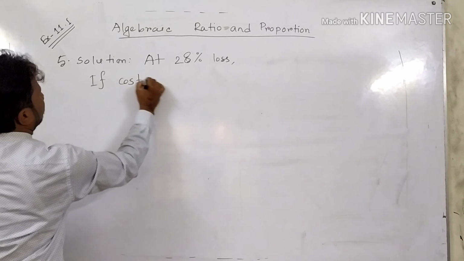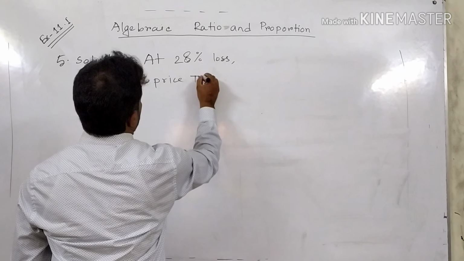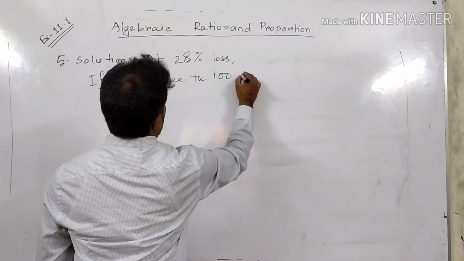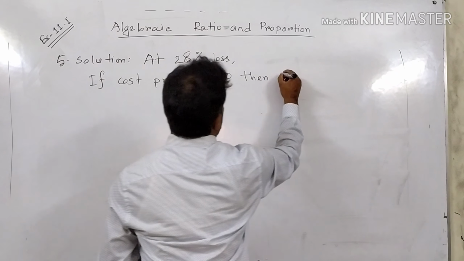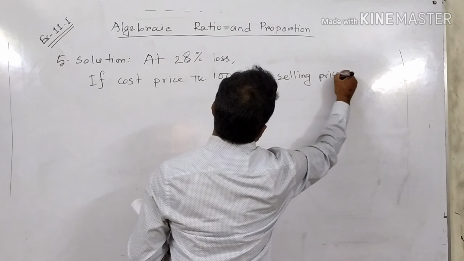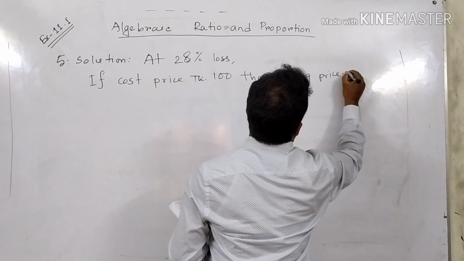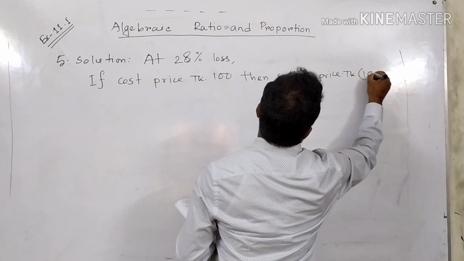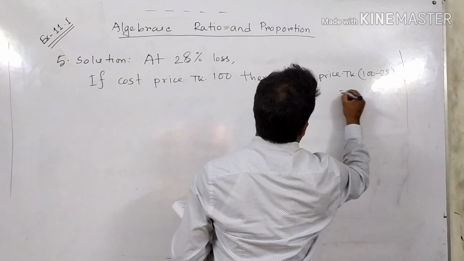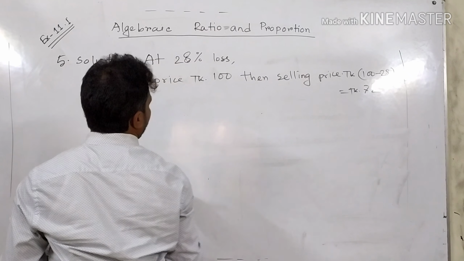If cost price is 100 taka, then selling price equals how much? 100 minus 28 equals 72 taka.